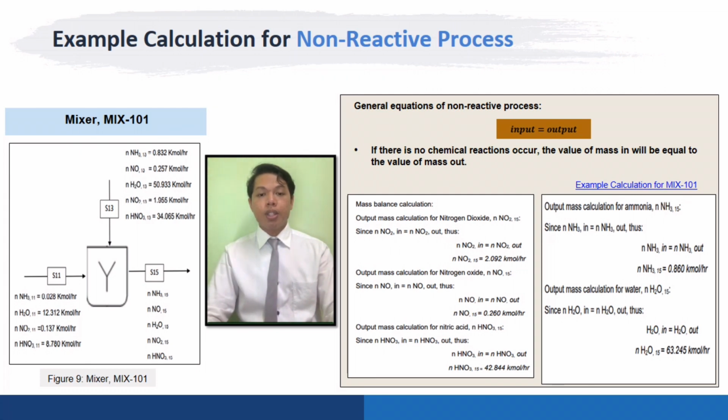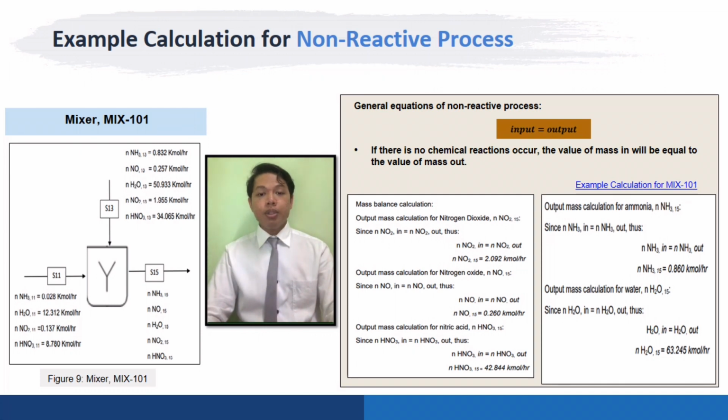Next, we continue with the calculation for the non-reactive process. For the non-reactive process, the equation used in calculating the mass balance is input equals output, whereby when no chemical reaction occurs, the amount of mass in will be equal to the amount of mass out. So here I show one example of the calculation for the non-reactive process, which occurs at the mixer MIX 101.